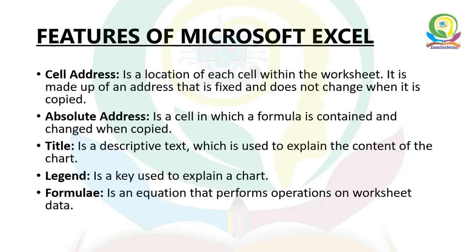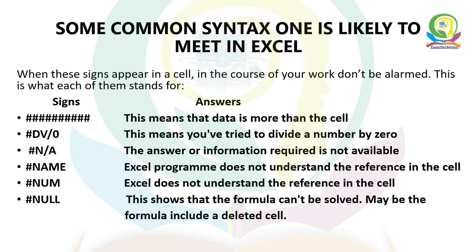You have to use the key, which is the legend, to explain that so that your audience or any person that takes your document will identify what type of information is from the chart. So take note of that.